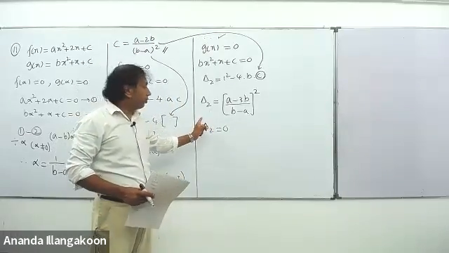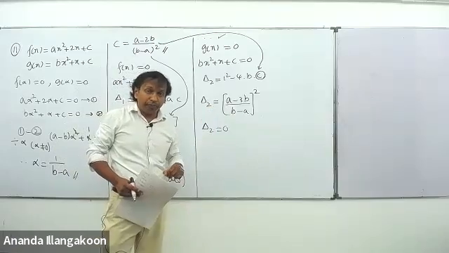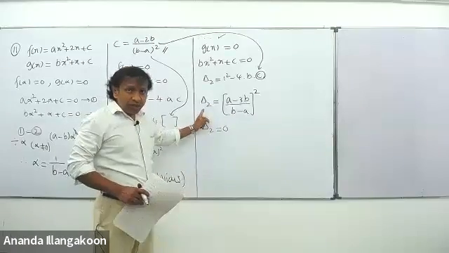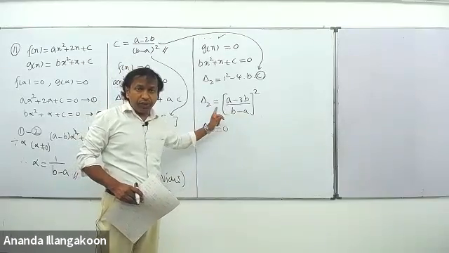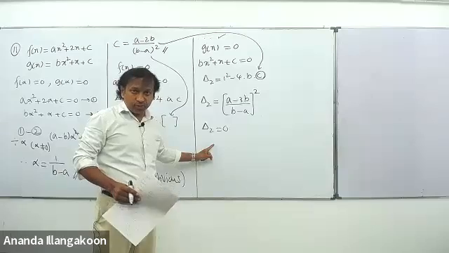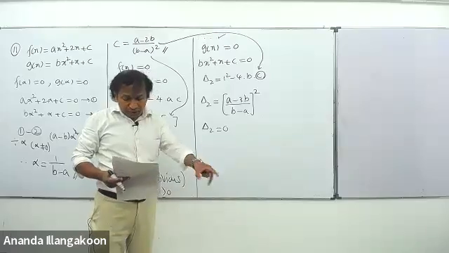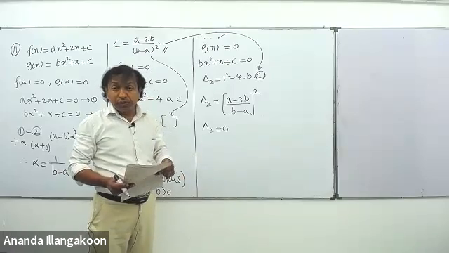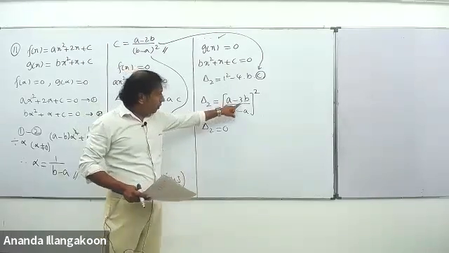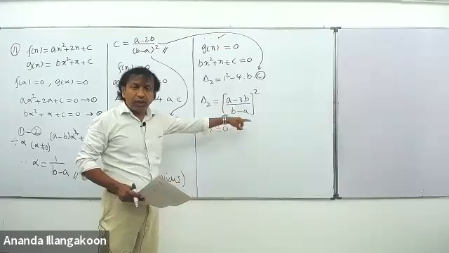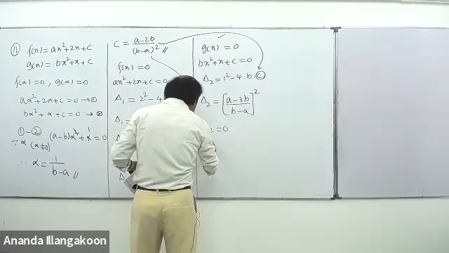I'm not going to write all these steps, it takes more time. When g(x) equals 0 has coincident roots, delta 2 should be 0. Like that, you must write the statements. You get 5 marks for them. You have to write these answers again now as homework. When delta 2 is 0, this a minus 3b must be 0, no? Then a equals 3b. This implies a equals 3b.